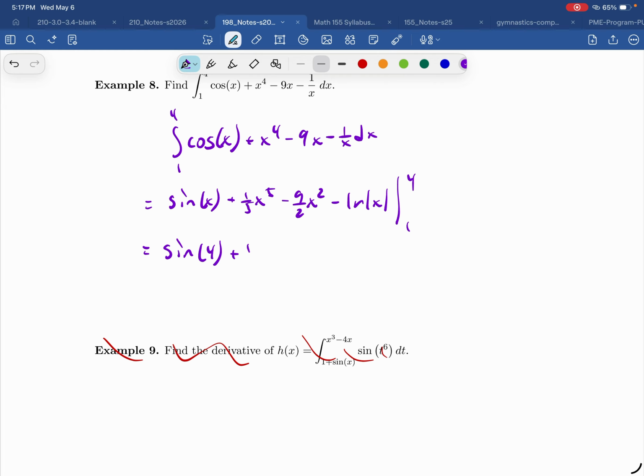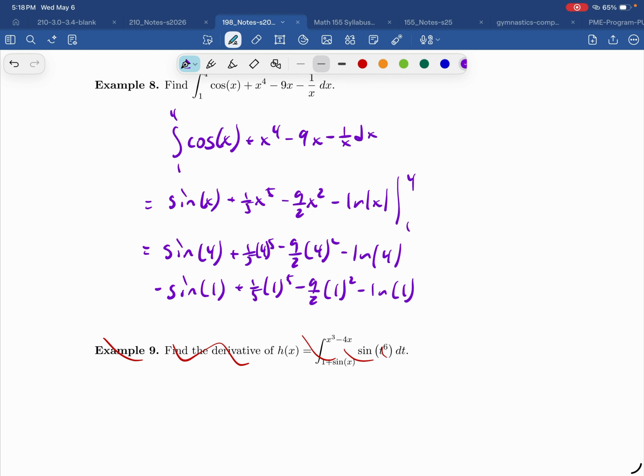Not very nice bounds in that case, right? And then we just make sure to subtract. And there we go. And that's all.